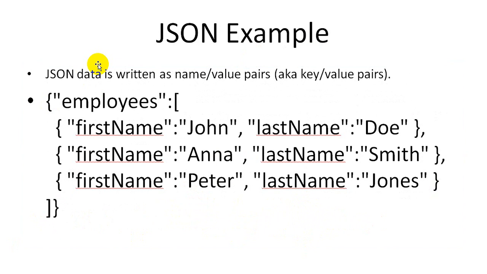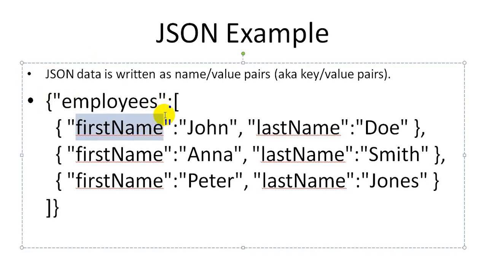So JSON data is written as name value pairs, like key and value pairs. As you can see in those examples, first name is the key and the value is a string. This is the key and this is the value.